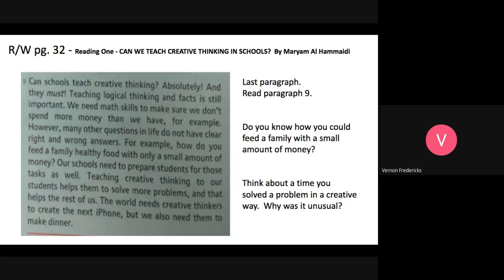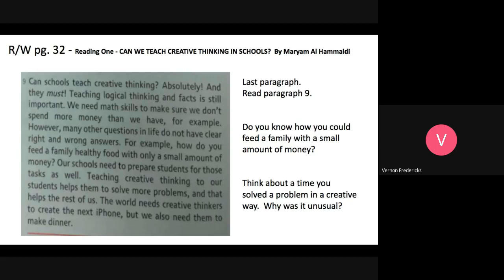The end of the paragraph says we need great thinkers that's going to make the new iPhone, but we also need people. People also need to know how to make dinner. So this is the important thing about creative thinking.